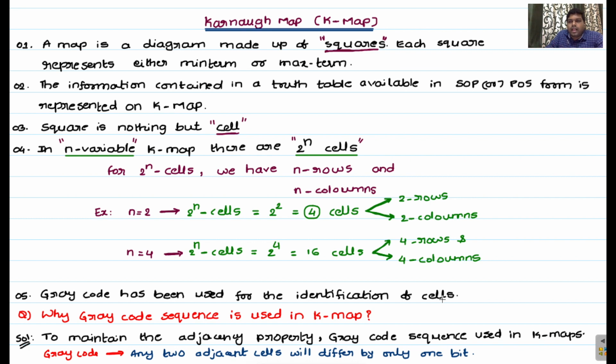In this K-map identification we use the gray code sequence, to maintain the adjacency property. Adjacency property means from one cell to another cell we get a 1 bit position difference. Because of that, we get a minimized Boolean expression.